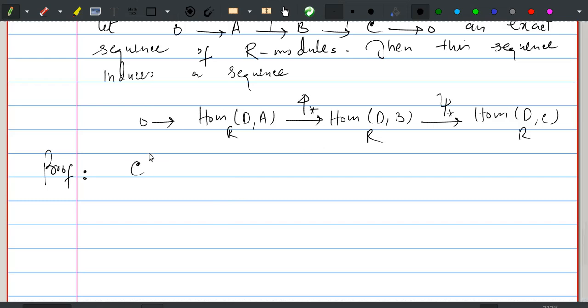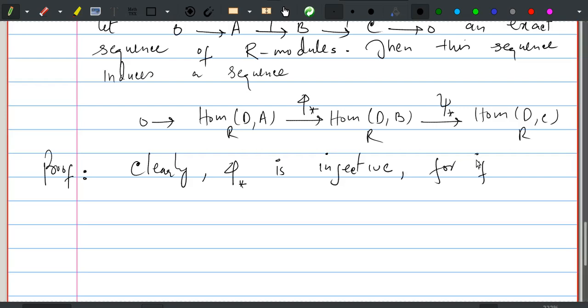So clearly phi star is injective because if we take this map F here to be equal to 0, we have to prove F is 0. So this F has to be an element here.